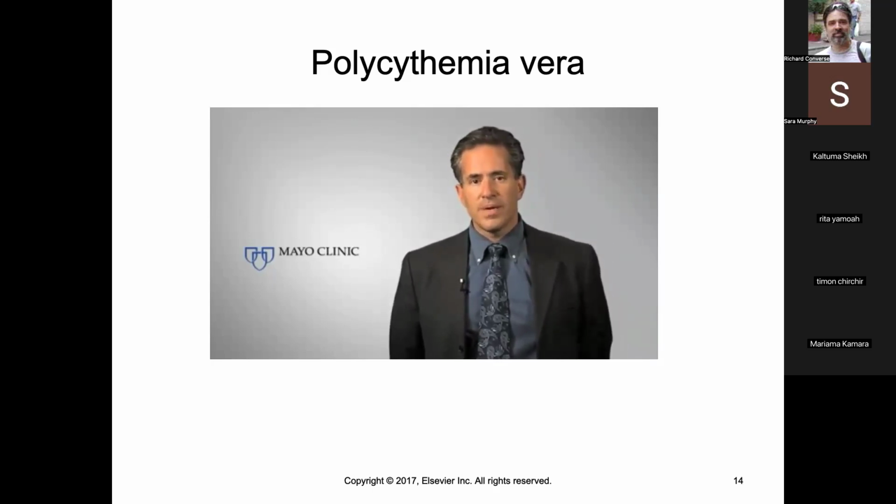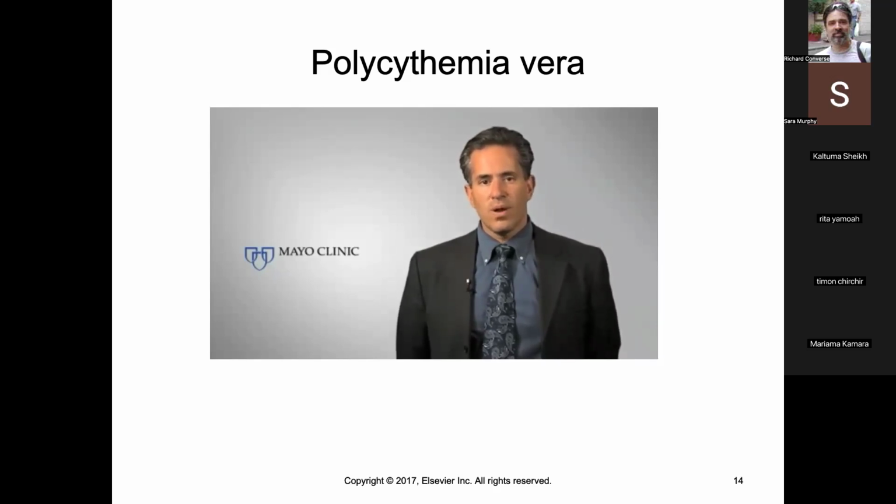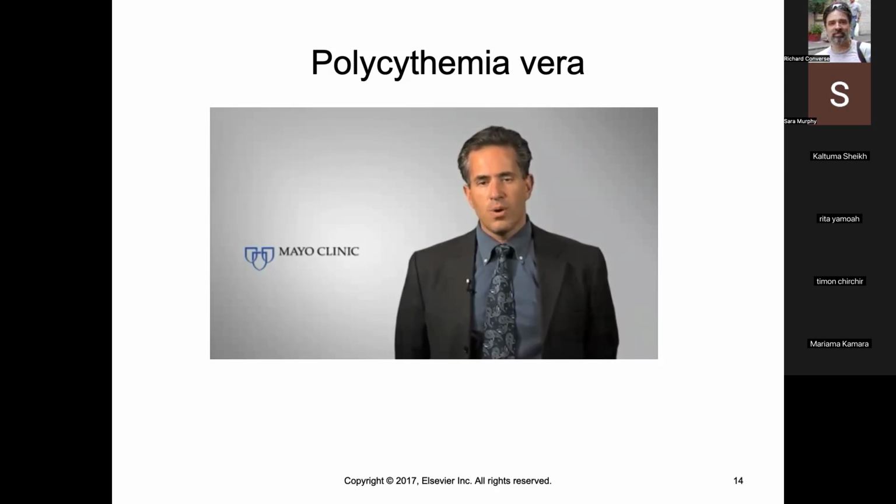Now, why does a patient develop polycythemia vera? At this point, we don't fully know the reason, but we know much more now than we have in the past. In 2005, it was found that one of your genes probably plays a role in the development of this disease. Not a change in the genes that you were born with, but one that you developed as an adult.